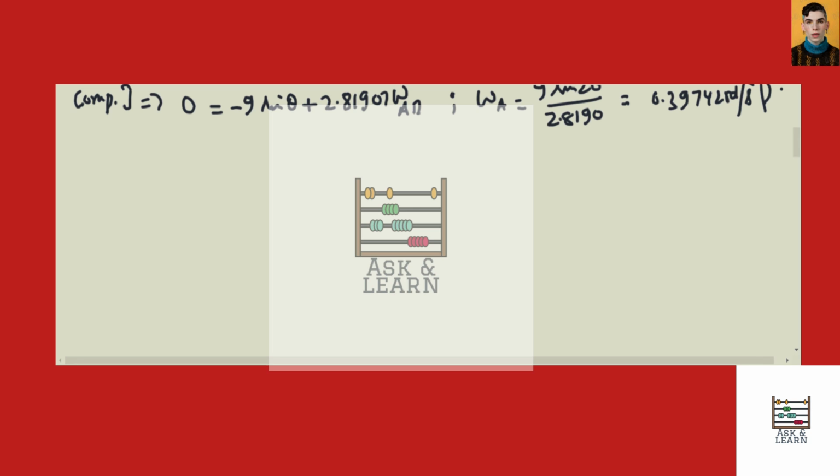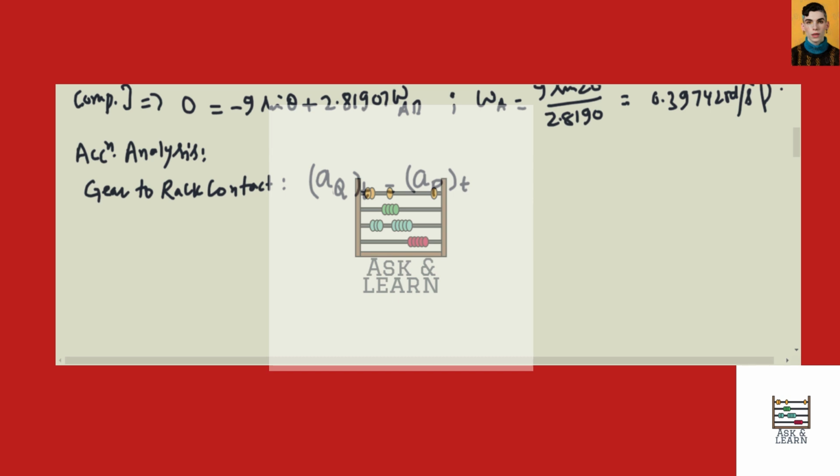Now we will do acceleration analysis. Contact point: acceleration of Q tangential equals acceleration of P tangential, and this value already we have measured, 6 inch per second square, and this is the direction.